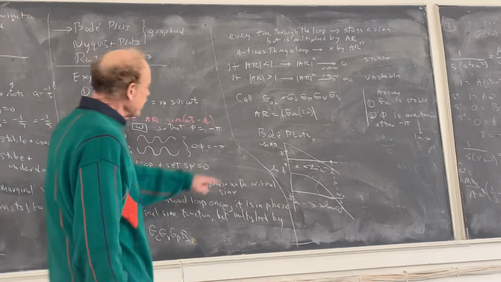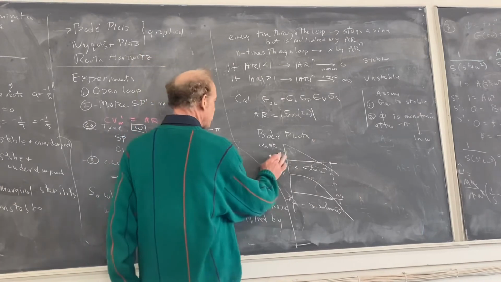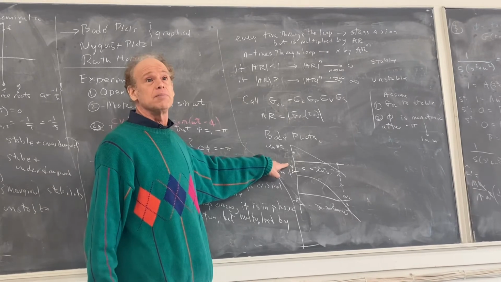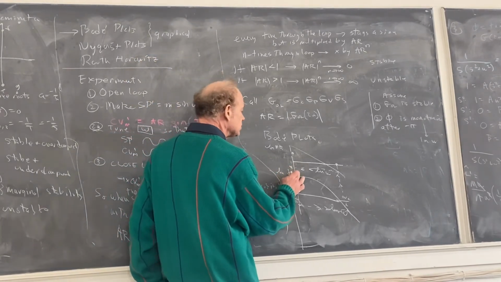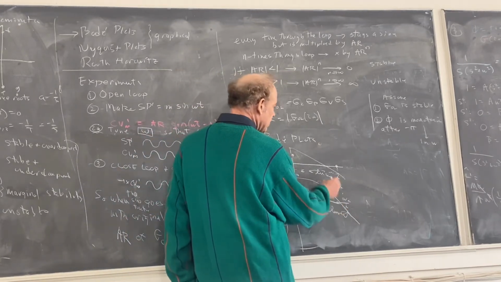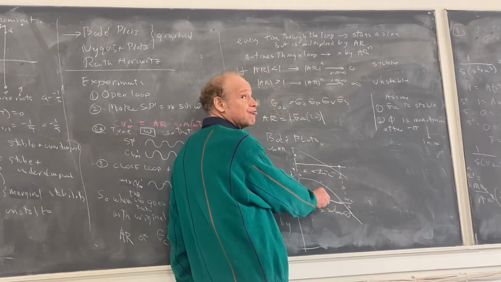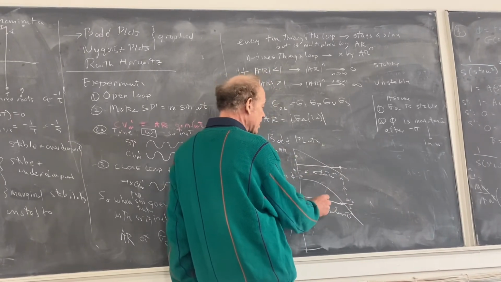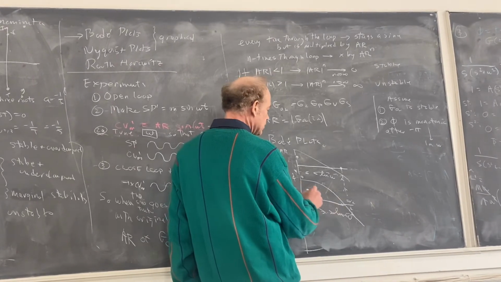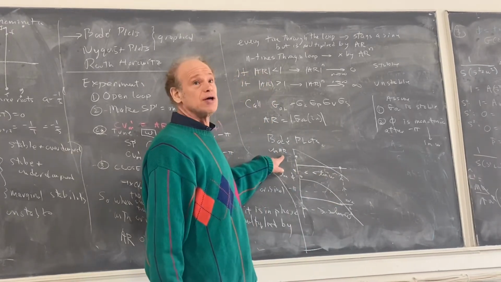Now, if 1 is up here, then I'm safe, because this is less than 1. But if 1 is down here, then I'm in trouble. Then it's unstable. The other thing you could notice: if this curve is monotonically decreasing, then if omega critical moves to the left, so if I have an omega critical further to the left, well then I'm further up on the amplitude ratio curve.